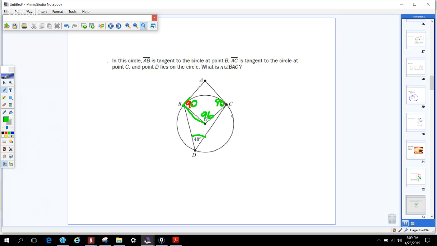When you do the subtraction, I'm just going to tell you the answer so we don't keep spending time on it. You're going to get 360 minus 90, minus 90, minus 96, and you're going to be left with 84. And that's your answer.